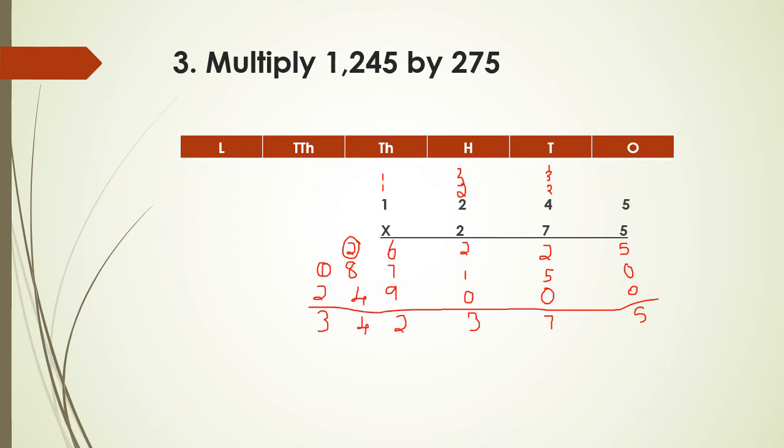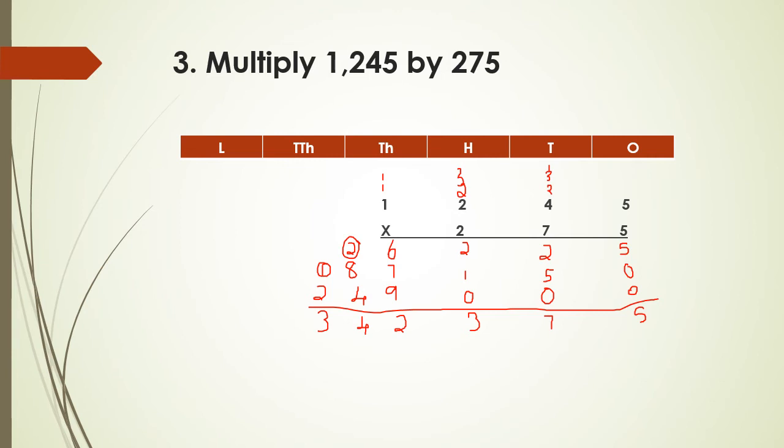Then 2 times 2 is 4. Then 2 times 1 is 2. So now next step, you have to add all the numbers. 5 plus 0, 5. 2 plus 5 is 7. 7 plus 0, 7. 2 plus 1 is 3. 3 plus 0 is 3.